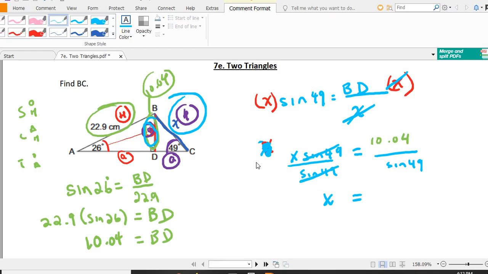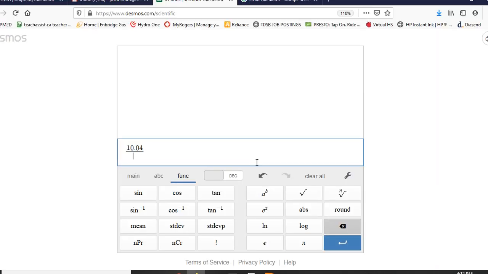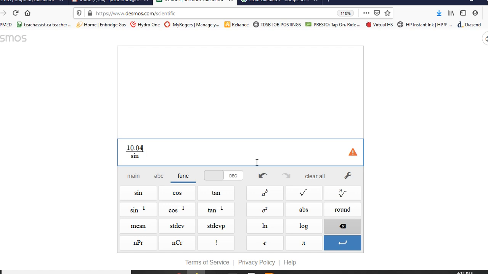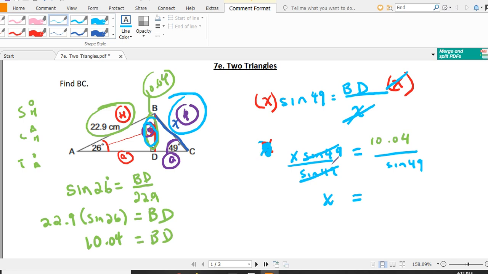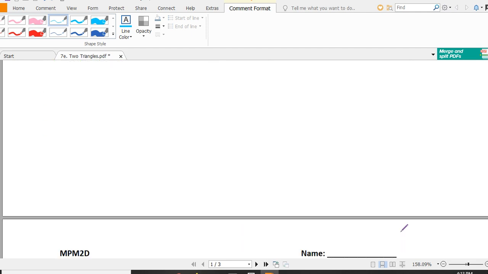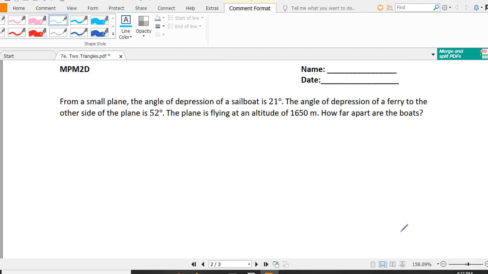That gives you 13.3. X equals 13.3. So therefore, BC is equal to 13.3 centimeters. As you can see, the steps are the exact same. There's nothing different about them.